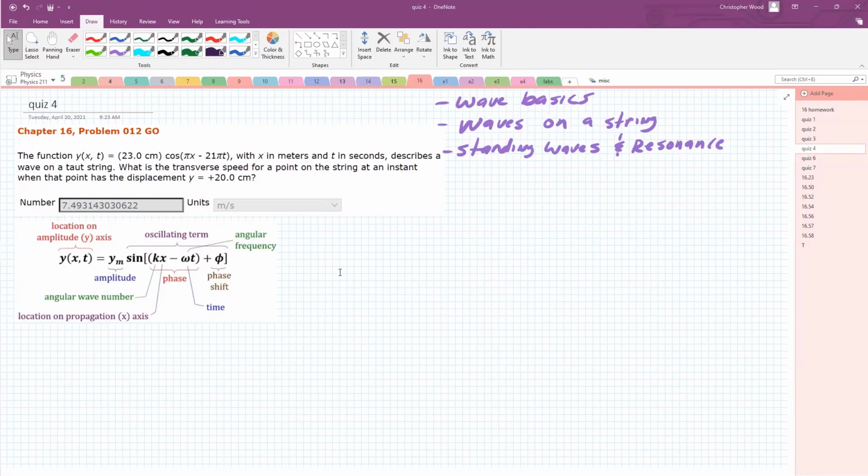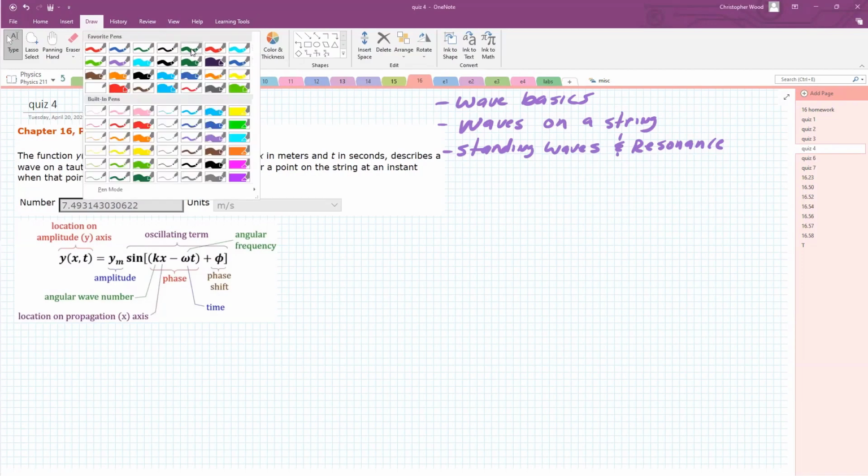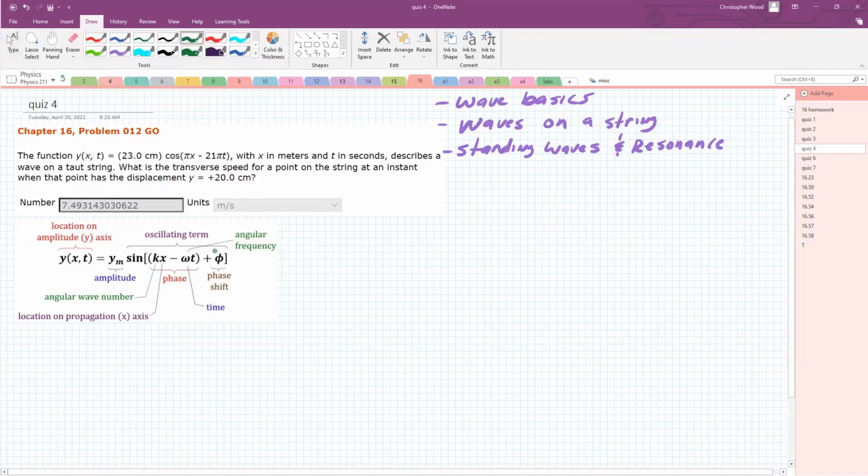Okay, so we have another string with waves traveling through it. We know the function. They say, for this particular wave, y, which is a function of space and time, equals 23 centimeters times cosine of pi x minus 21 pi t. That's the wave function.